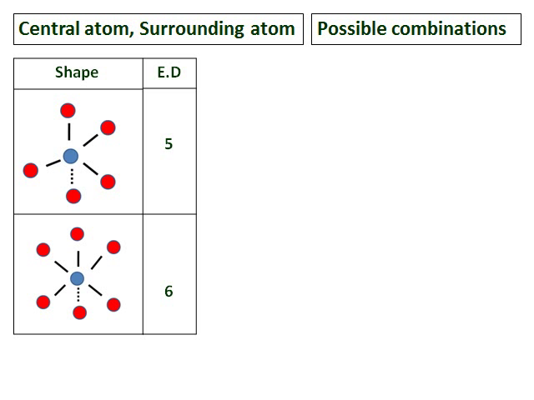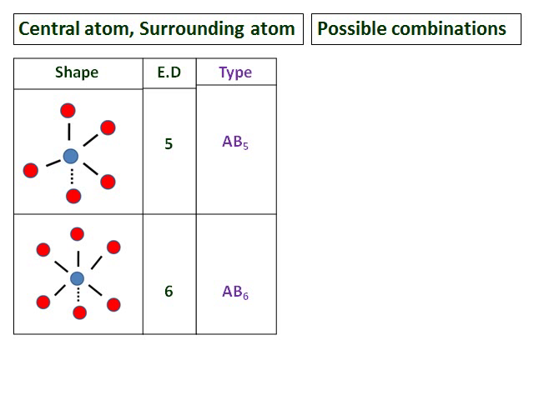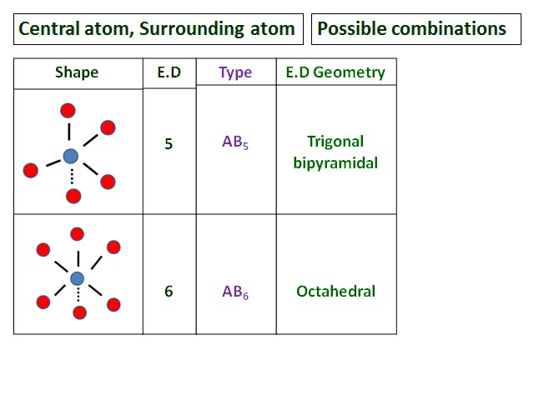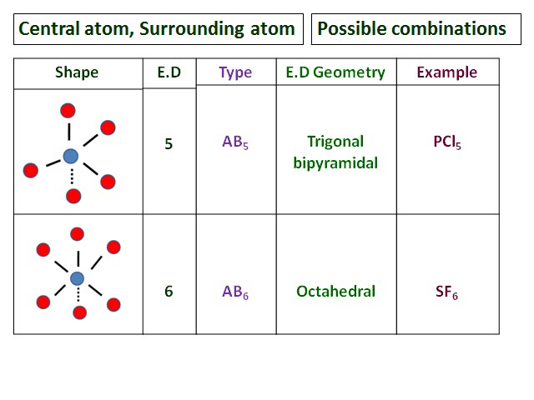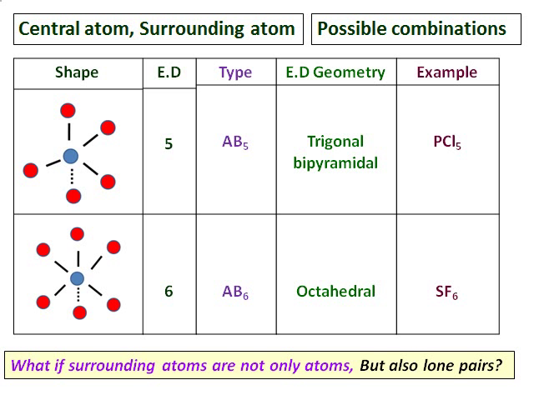So the types of molecule will be AB5 and AB6, and the names of the geometries will be trigonal bipyramidal and octahedral, and one example for each of them is given, and you need to remember all these names, because the previous ones and this one, the electron domain geometry names, you need to remember them. Okay, in all these cases I said that I have a central atom and atoms are surrounding it. If the surrounding domains are not all atoms, if you have a lone pair also, how will the name change? How will the shape change? Let's go ahead and learn about it.